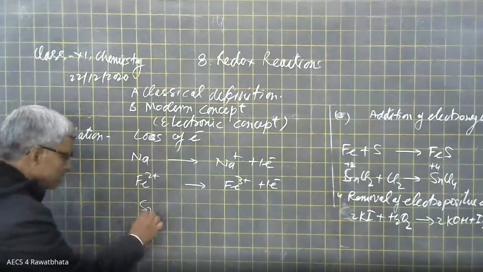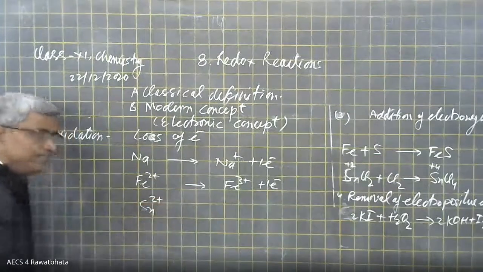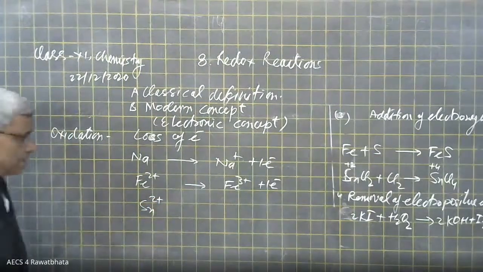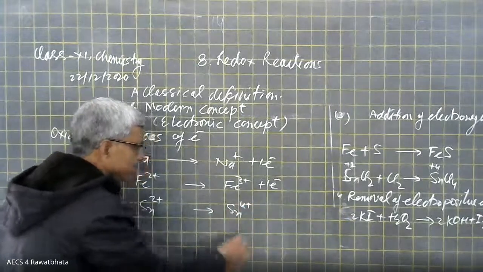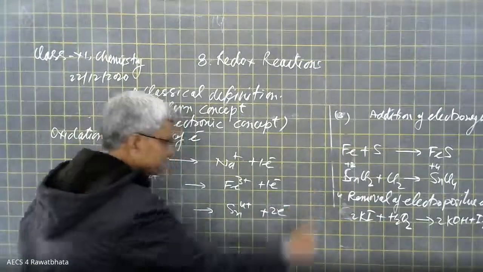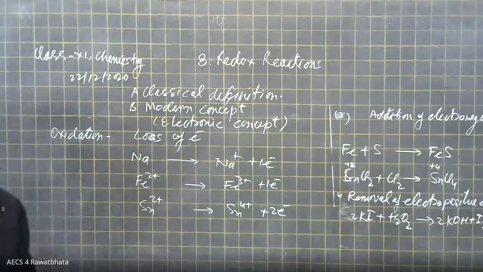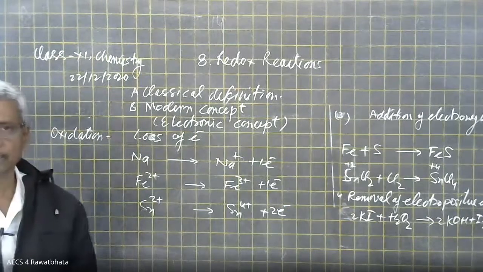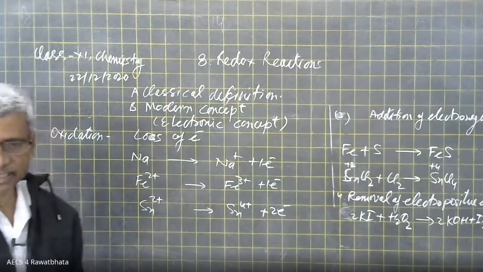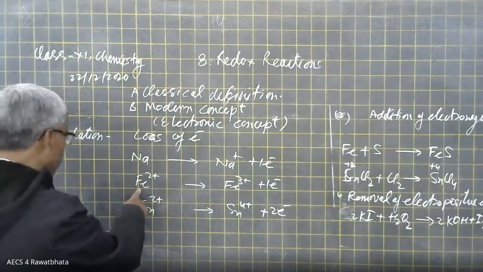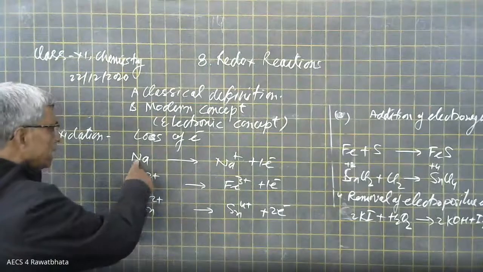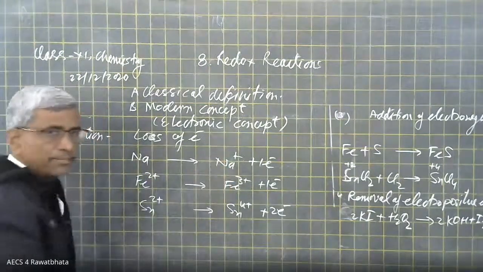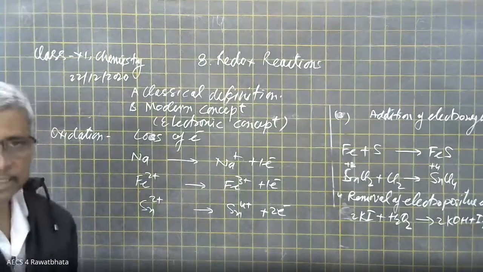Another example, as we have seen earlier, Sn2+ is going to change into Sn4+, losing 2 electrons. This is an oxidation reaction. In this way, we can decide oxidation, where an ion goes from lower to higher oxidation state, or a metal goes from neutral element to cation, a positive ion.